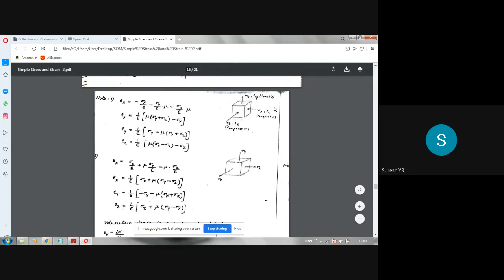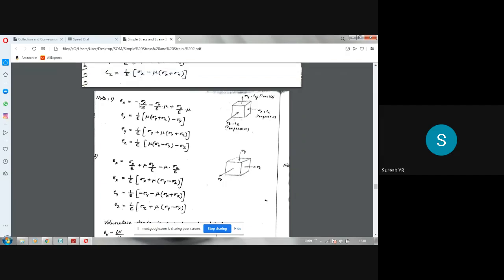Now, if I want to apply generalized Hooke's law for this, let us say this is x direction, y direction, z direction. So Ex is the strain due to all the three, sigma x, sigma y, sigma z. Now, first I will write due to sigma x.